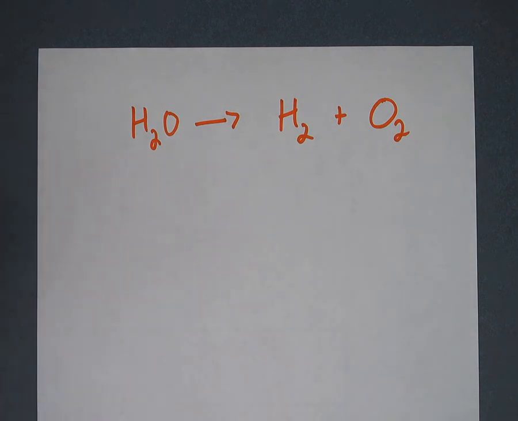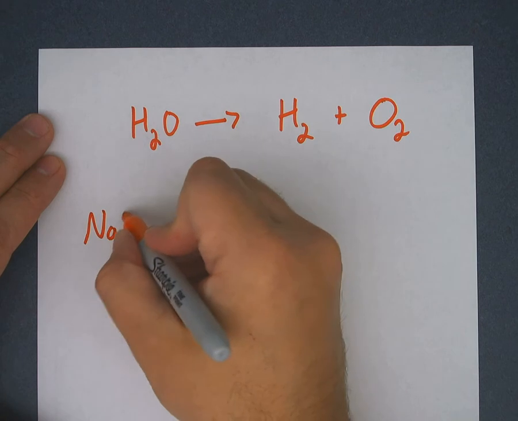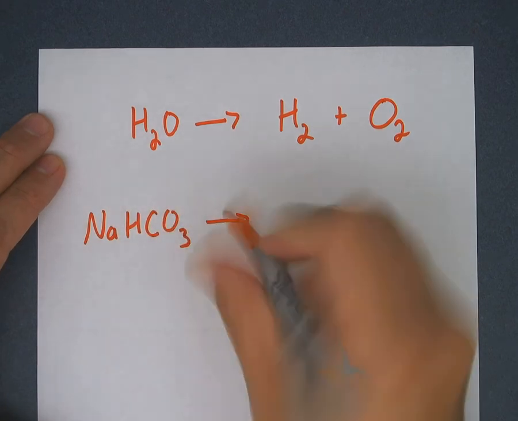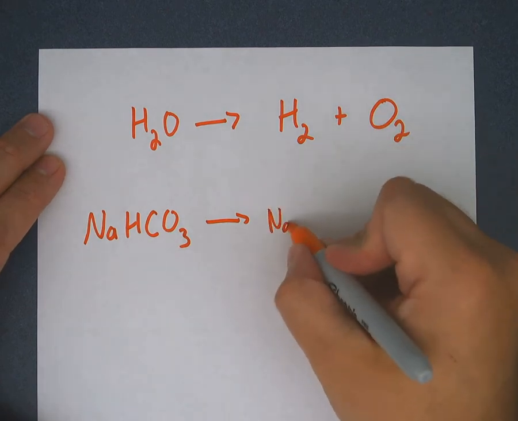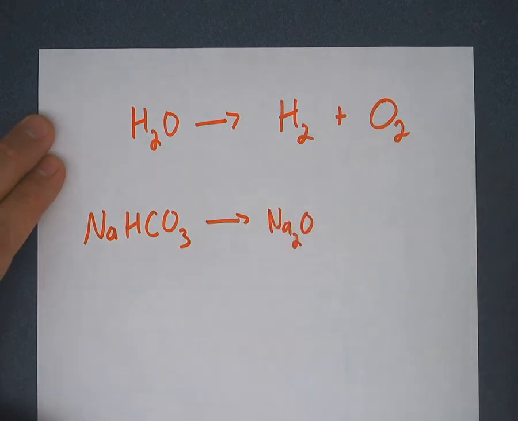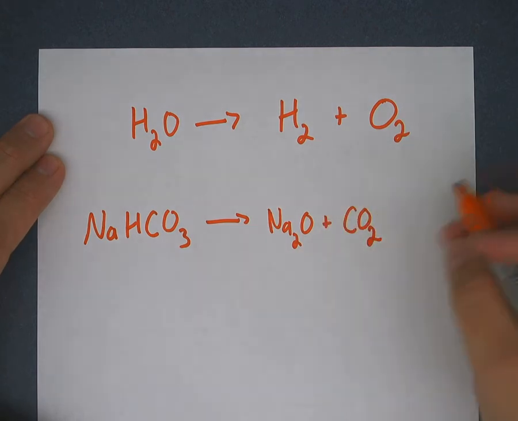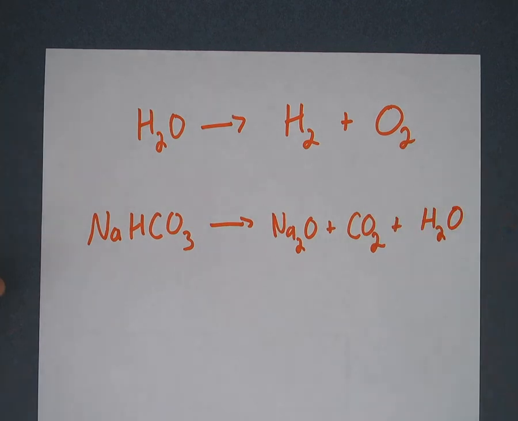But it doesn't always have to be elements. I could make something like this, NaHCO3, that's just one big complicated compound, which can break down into this compound, which is smaller, and carbon dioxide, which is a smaller compound, and water, which is a smaller compound.